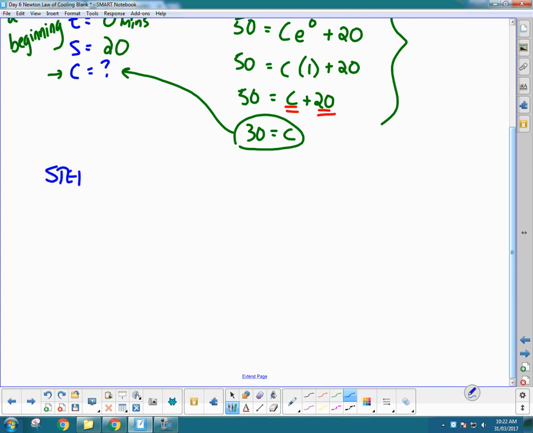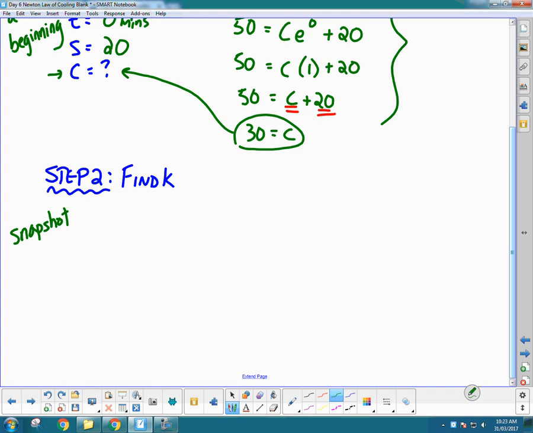We just now have this extra variable. So step 2 is to find K, which was the first thing we did yesterday. We're going to do the same idea. To find the proportional constant, we have to take a snapshot of a scenario. We can't do it at the beginning because k disappears.